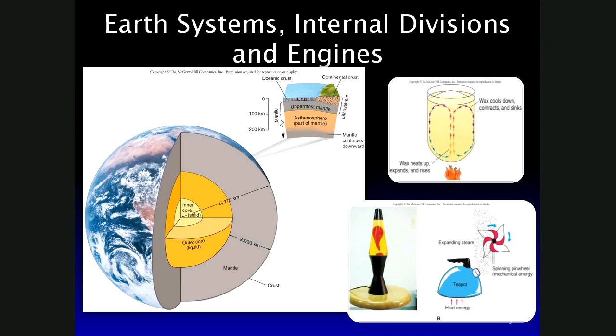So we can look at Earth as four major subsystems: geosphere, rocks and minerals; hydrosphere, water; atmosphere, gases; and biosphere. We are part of this biosphere with plants and animals.